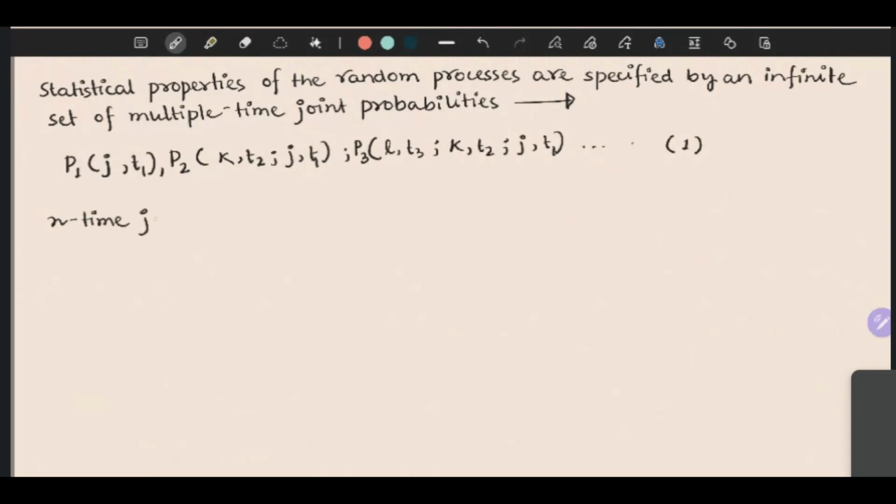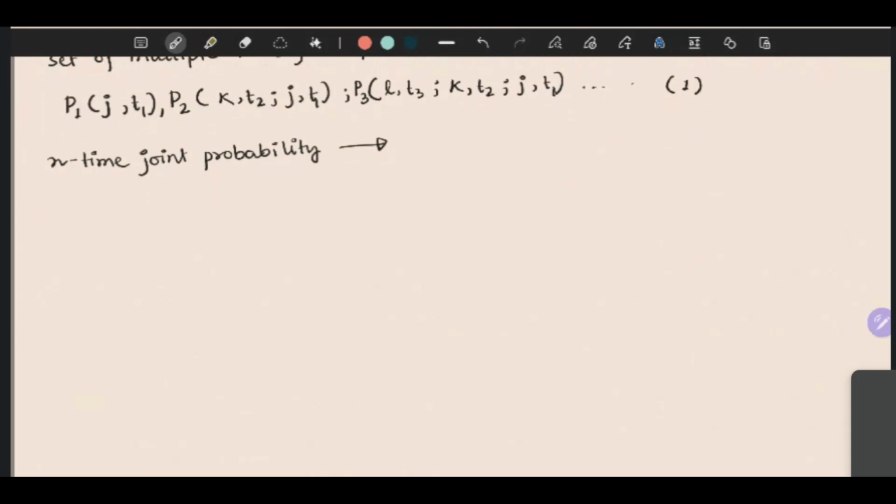So the n time joint probability will be Pn, Jn Tn, Jn minus 1 Tn minus 1, and so on. That means: starting from J1 T1, what is the probability of going to J2 T2, then J3 T3, like this. Okay.